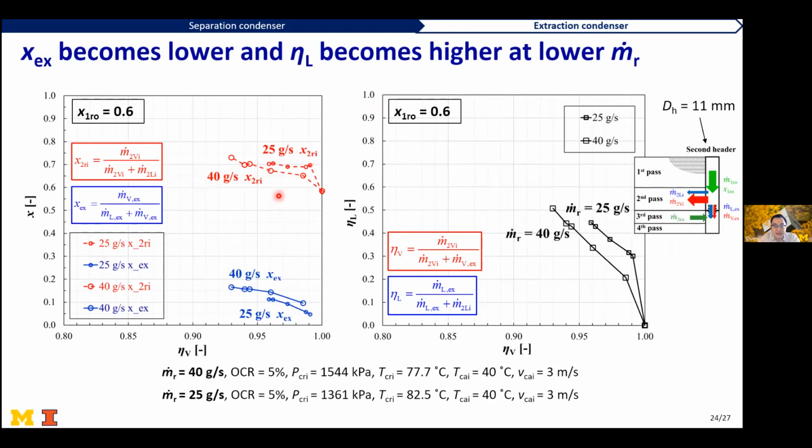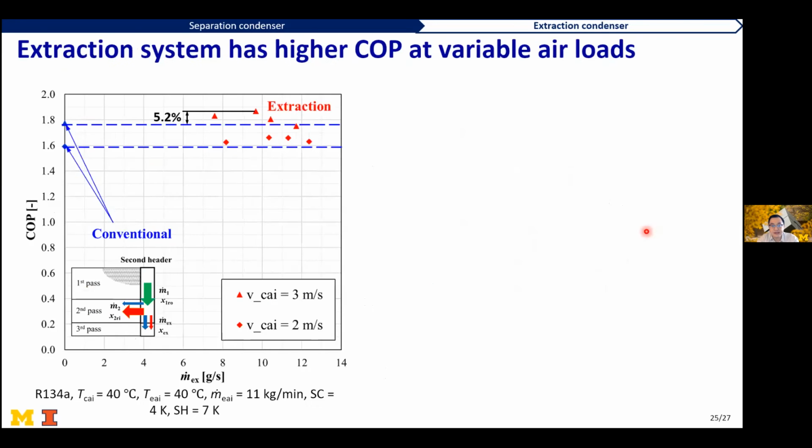And we can see that with a higher inlet flow rate, that will turn the two-phase flow in the second header more, so it makes the flow state at entering the second pass and entering the orifice hole closer. And we can see that the quality at these two locations become closer compared to the 25 gram per second total flow rate case. And correspondingly, the 25 gram per second total flow rate will give us a higher liquid separation efficiency at the same vapor separation efficiency in the header.